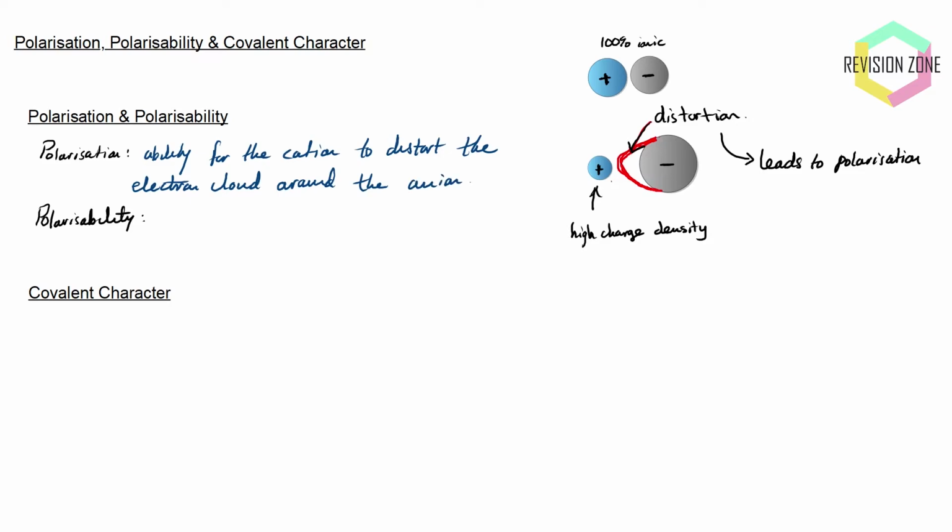The polarizability, on the other hand, is in reference to the anion, the negative ion, is how easily is this negative ion distorted. Okay, so the polarizability refers to the ability for the anion, or the degree, it refers to the degree of which an anion is distorted.